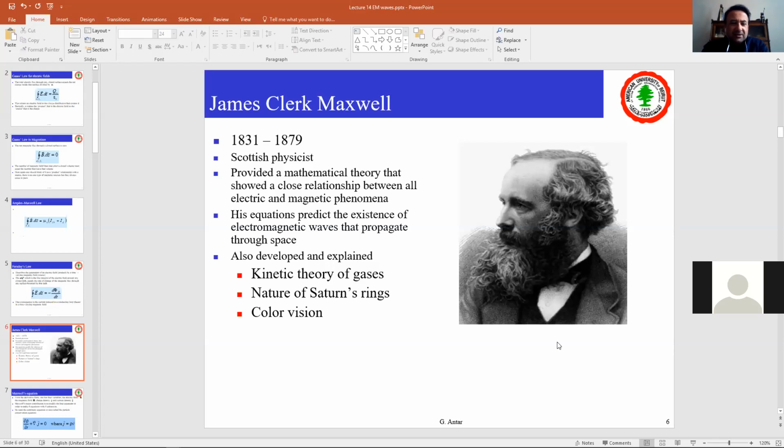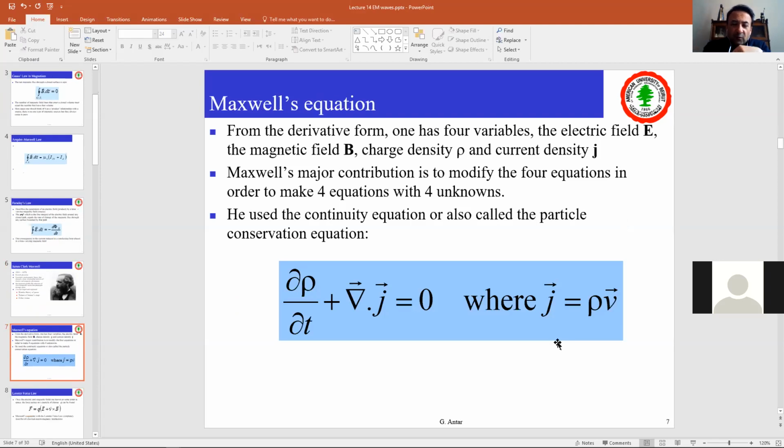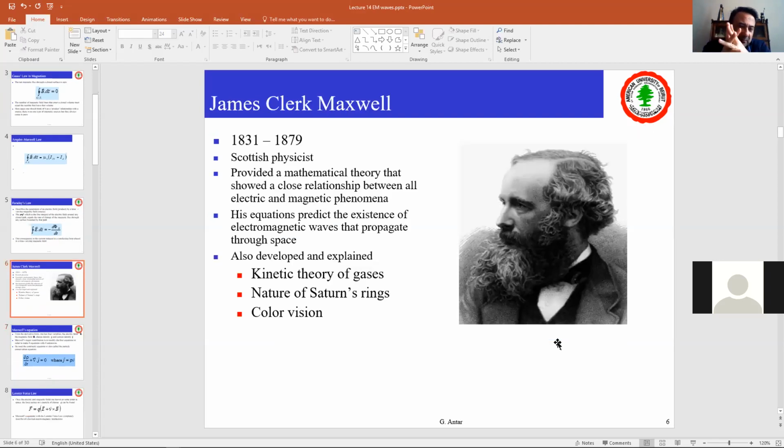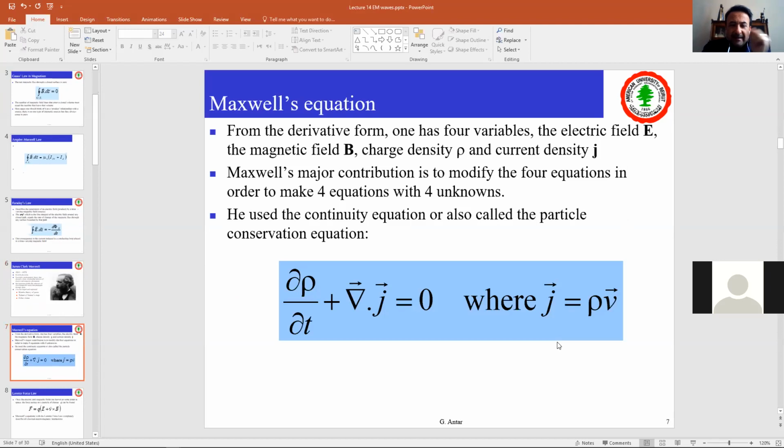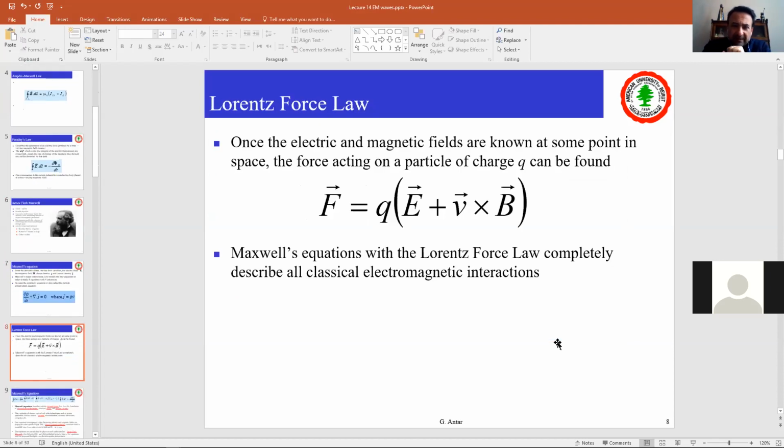Maxwell is a Scottish scientist who had the idea to put these four equations together to form what we now call Maxwell's equations. He added another equation, the conservation of charges, but I'm going to skip it.